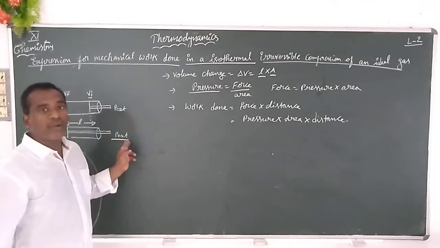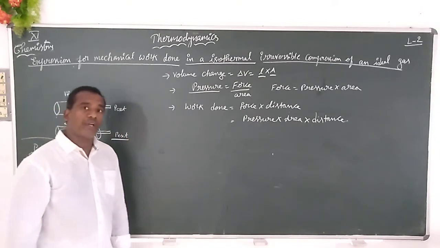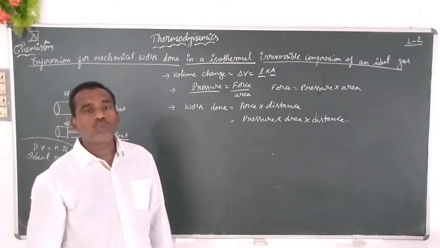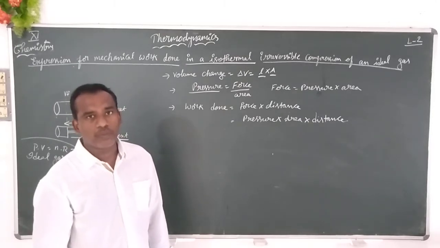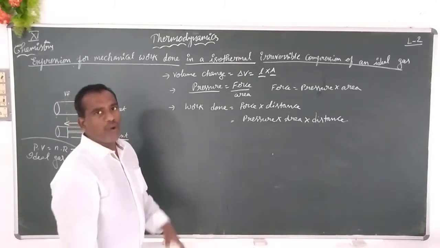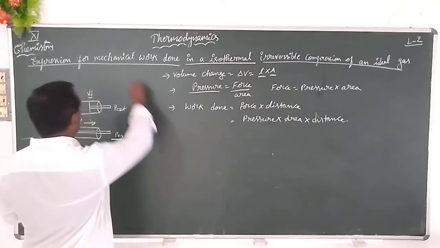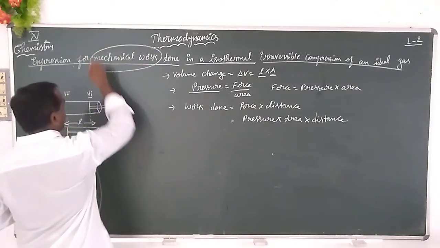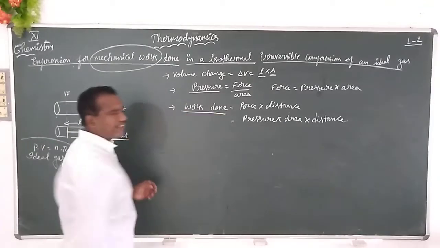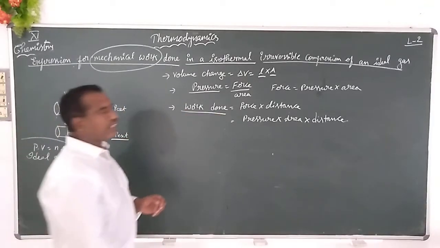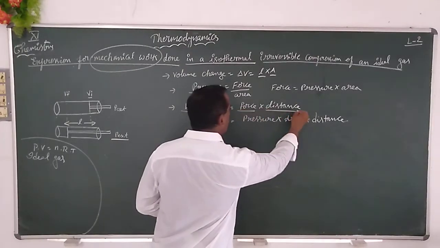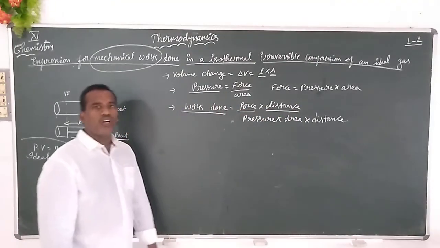But what is the definition we know about pressure? Because here what we are applying is pressure. You know pressure is the definition for force per unit area. Why bring this in? Because we are going to derive an expression for mechanical work. What is the definition for work? In the first year we were already introduced to it. Work is equal to force into distance.